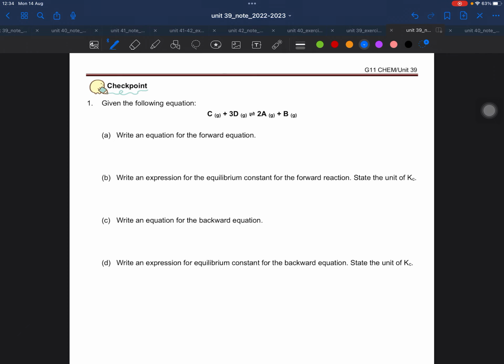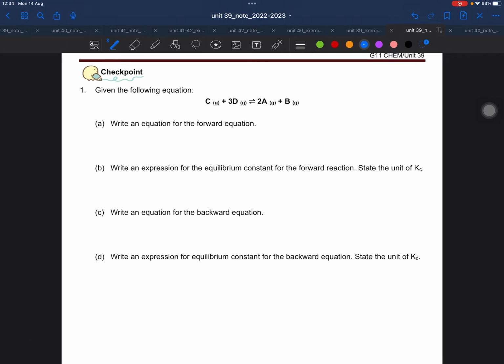Now let's finish this checkpoint. You are given this chemical equation. What are the forward and backward reactions? Please write it down for me. You are given 20 seconds. I think it's enough.